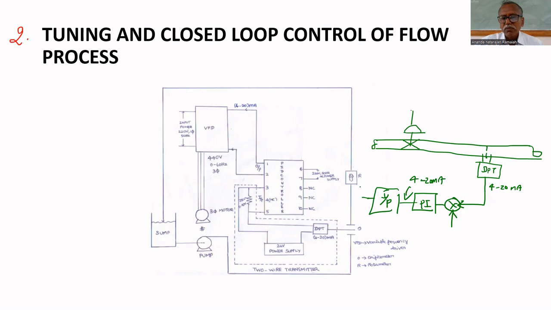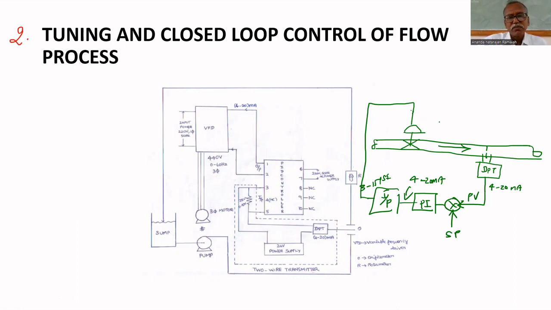The output of I to P is 3 to 15 psi. That is given as input to the valve. So we are measuring the flow rate through this tube. It is compared with the set point. PV is compared with set point. If any error is there, the PI will manipulate the manipulated variable. So it can be controlled.